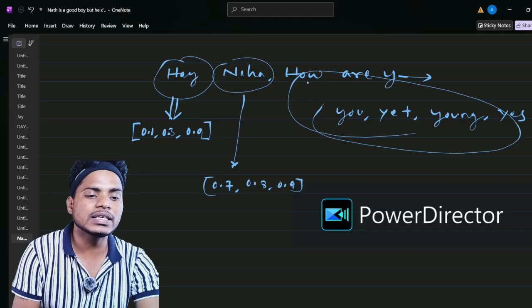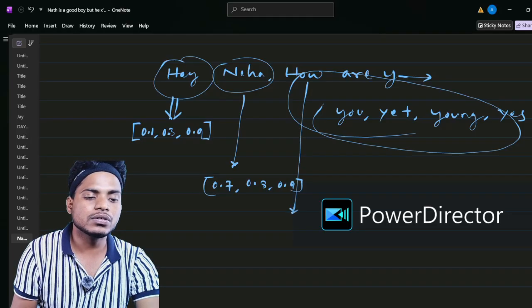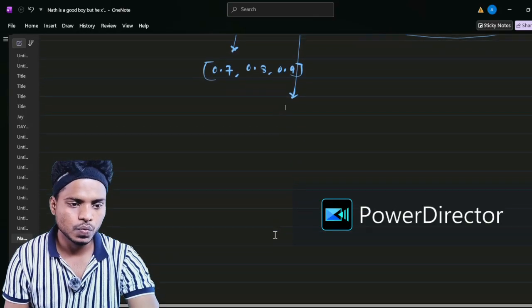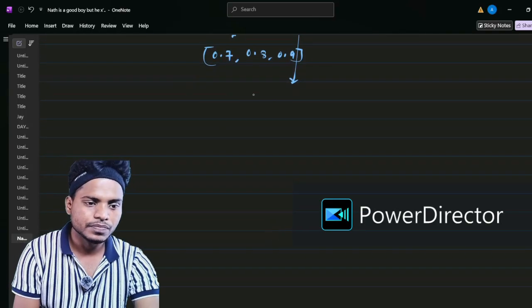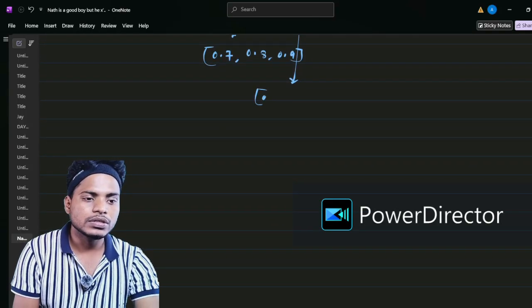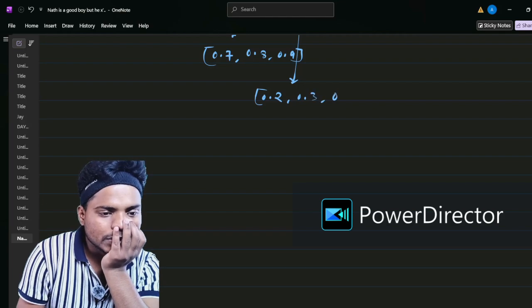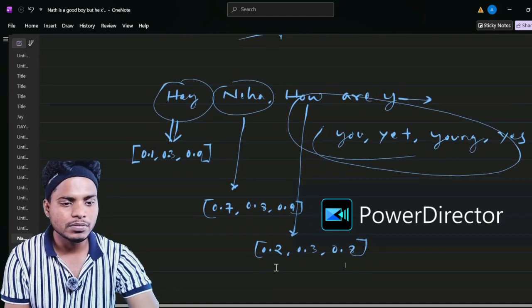And how has another vector, 0.2, 0.3, and 0.8.